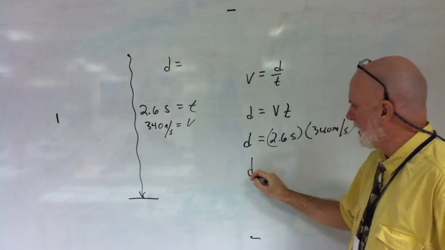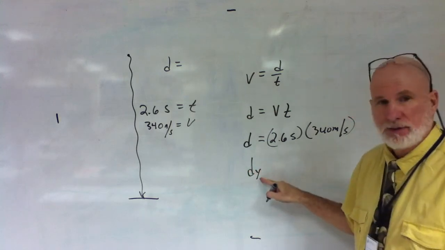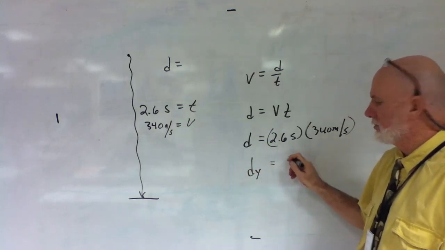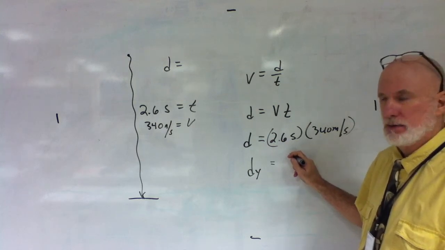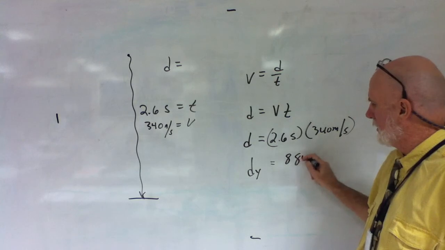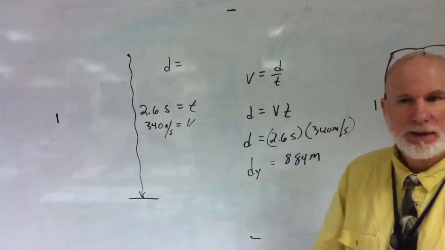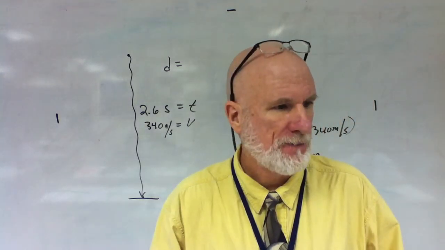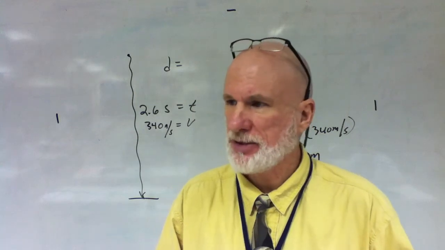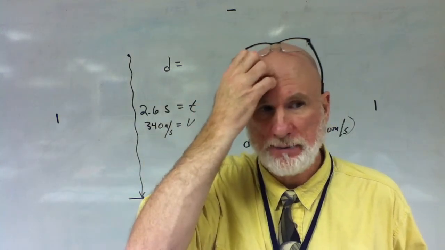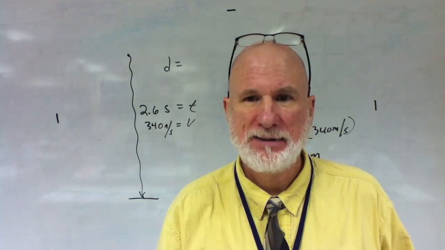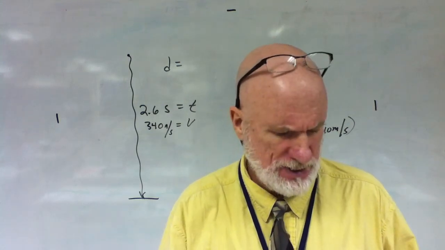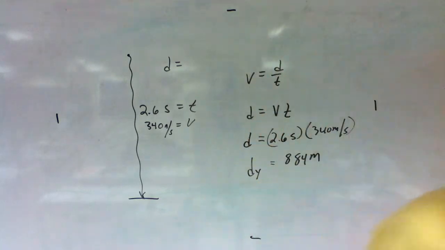So D, the vertical, equals 884 meters. A little more than a half a mile, right? A mile is 1,600 meters, correct? So a little bit more than a mile. Yes? End of exercise 1.